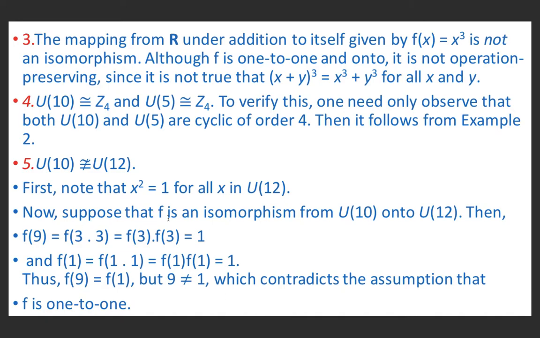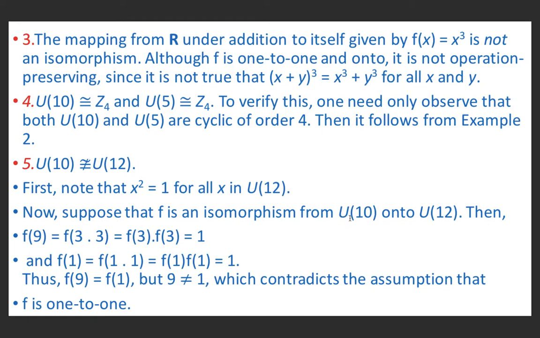Now suppose that f is an isomorphism from U10 to U12. Then f of 9 is equal to f of 3 into 3, and this is equal to f of 3 into f of 3, and this is equal to 1, because we know that in this U10 the elements are 1, 3, 7, 9, because these are the elements which are relatively prime to 10 and less than 10.